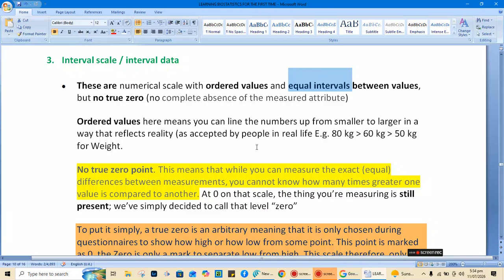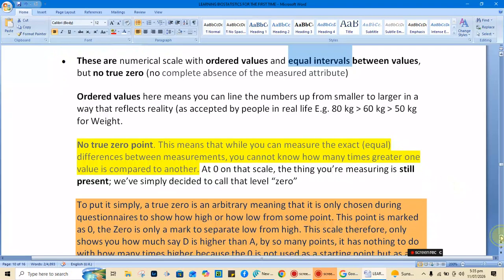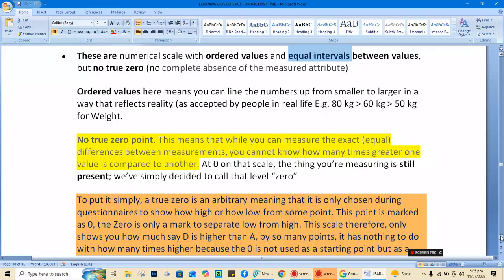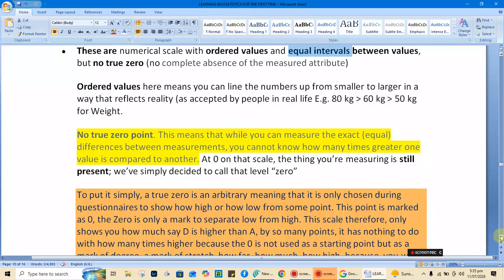For instance, 60 kg to 70 kg, 70 kg to 80 kg, 80 kg to 90. All the differences there are the same. It's 10 kg, 10 kg, 10 kg difference. Now here there is no true 0 point. You know the order, you know the interval. These are scales of ordered values with equal intervals without a true 0.